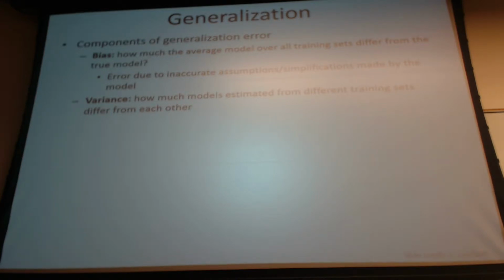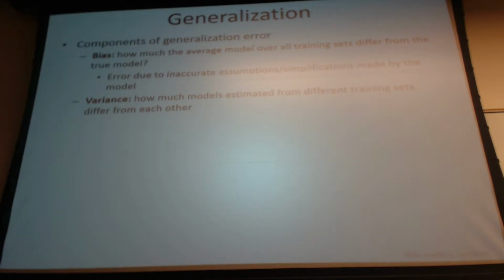Or if you take a test input from training set 1 and give it to model 3, you will see that model 3 failed. Right? So that kind of error is called variance. So, very subtle difference.